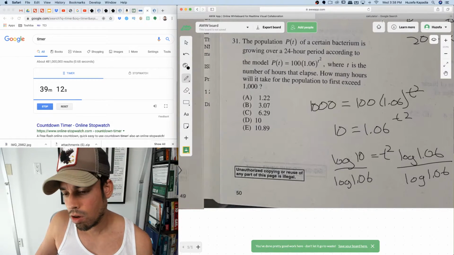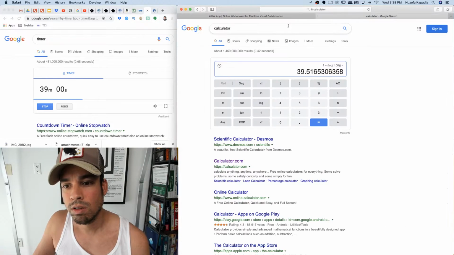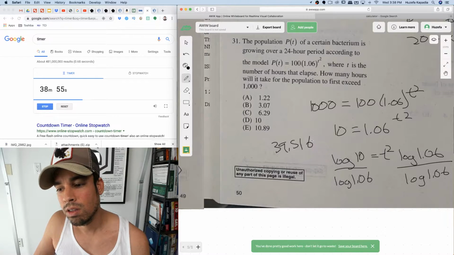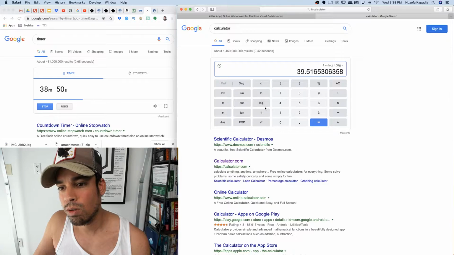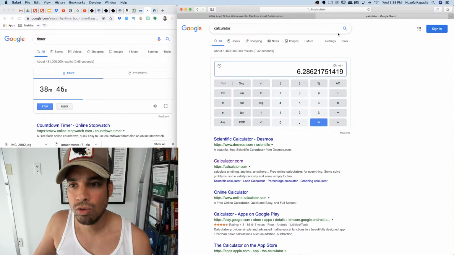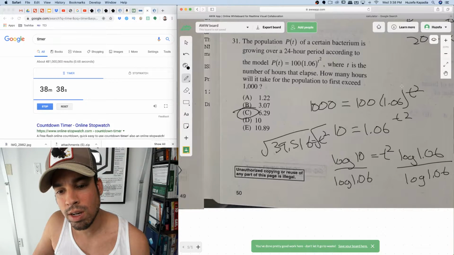So 1 divided by log of 1.06 equals 39.516 equals t squared. Take the square root. Square root of this is 6.285, 6.29.